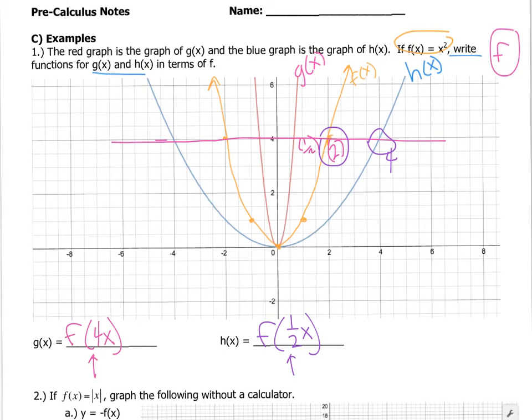That 1/2 means that we are stretching horizontally by a factor of 2. And that inside change of 4 means I'm compressing horizontally by a factor of 4. Okay.